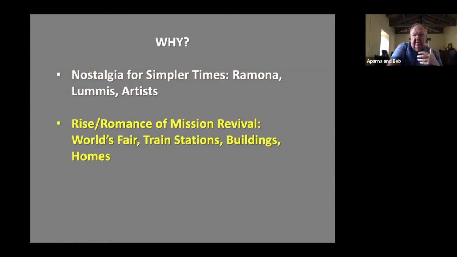That developed an interest in mission revival. And so we saw the popularity of that style at the World's Fair, and then the ubiquitousness in train stations, buildings, and homes, showing that we could have an architecture style that tied us to our own past, a somewhat imagined past, but our own past.